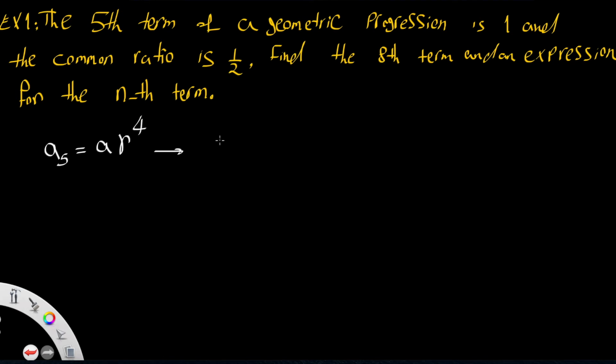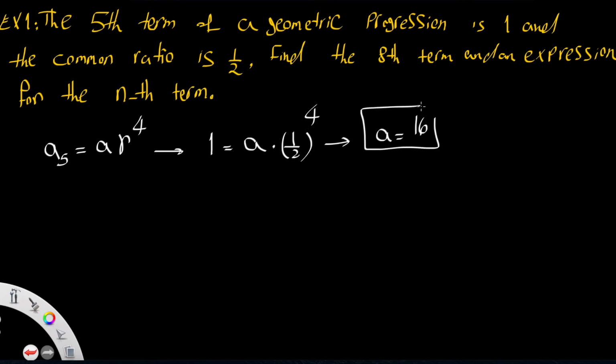So the fifth term is replaced by 1. a is unknown and the common ratio is a half to the power of 4. So a will be 16. If you expand, it would be 1 over 16, then do cross multiplication, and it will give you 16 as the first term. And you have the first term, you have the common ratio.